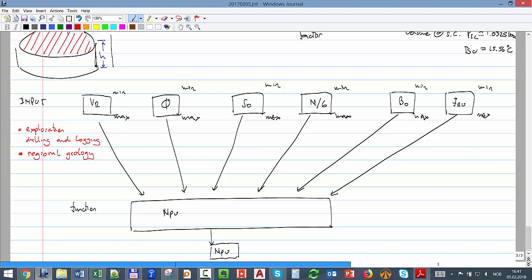Okay. Porosity, where is porosity coming from? Again, also exploration drilling, and logging, okay, and also coring, okay. And if I have less and less information, I have to rely more on correlations.